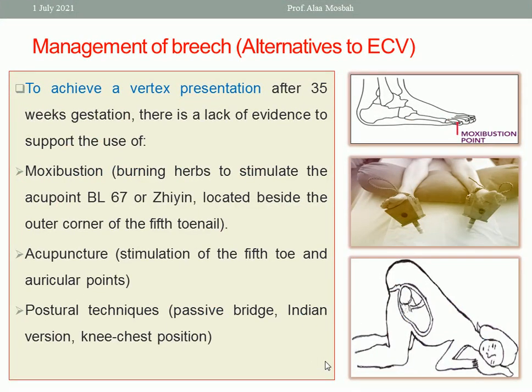Okay? Any alternatives to external cephalic version? There are some trials of using moxibustion, which is burning herbs, to stimulate an acupoint, as you see in the picture here, located outside the outer corner of the fifth toenail, or acupuncture, stimulation of the fifth toe and the auricular points, or postural techniques like passive bridge, knee-chest position as in the picture.